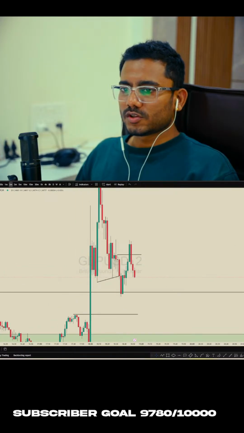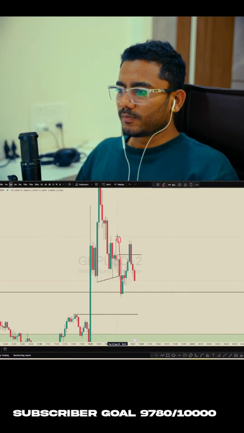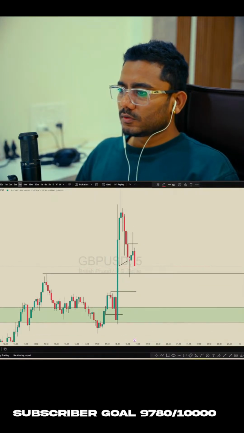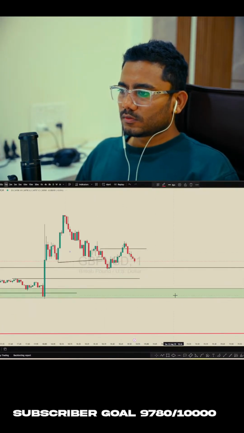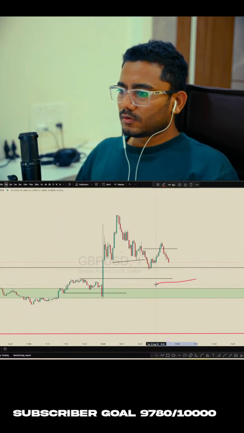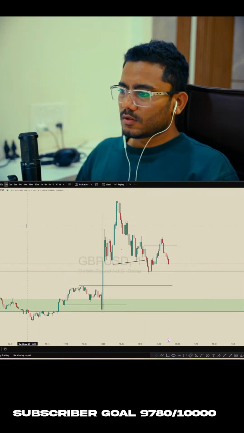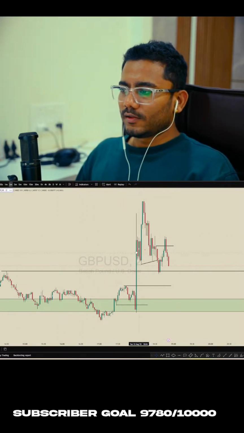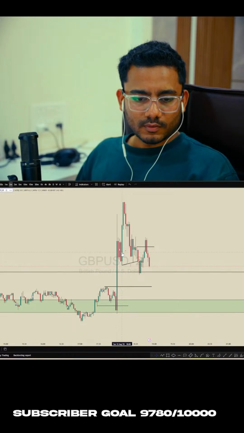Because this is the structure where I started to sweep this liquidity. So it should at least give a single thing, then only you can look for a buy.